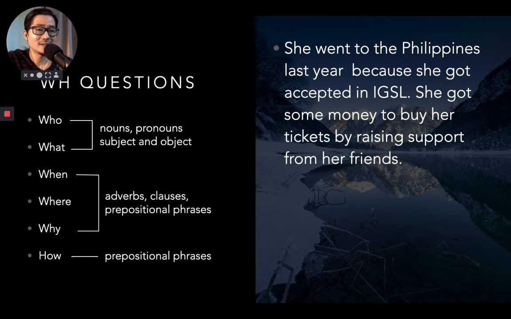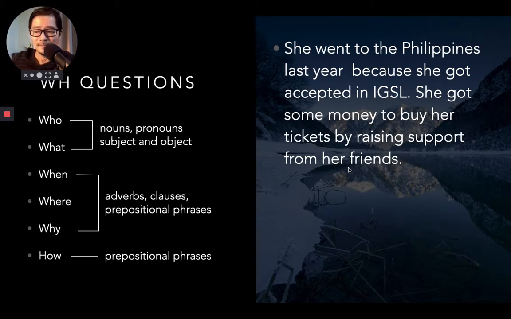As you look at the second sentence, what part of this sentence is answerable by how? That's right. By raising support from her friends.